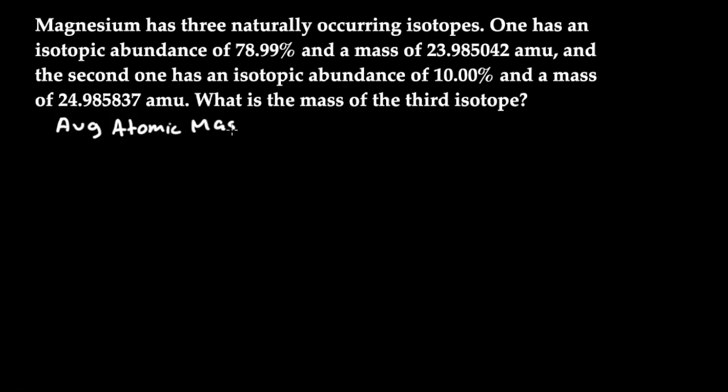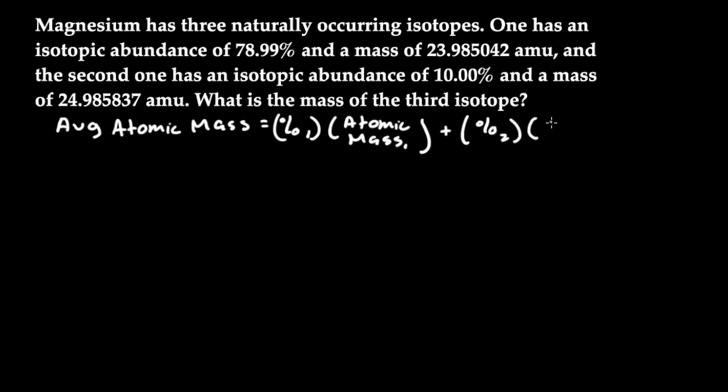is going to be equal to, we're going to take the percent of the first one, and we're going to multiply that by the atomic mass of the first one, and then we're going to add that to the percentage of the second one and multiply that by the atomic mass of the second one, and then we're going to add that to the percent of the third one times the atomic mass of the third one.